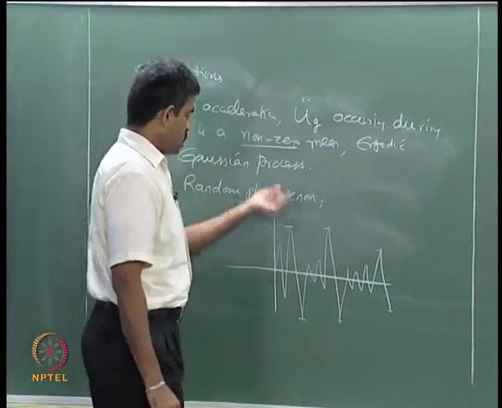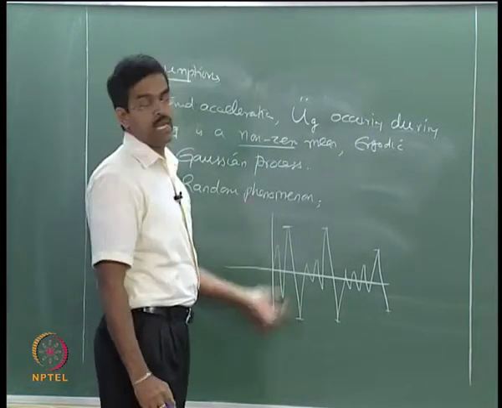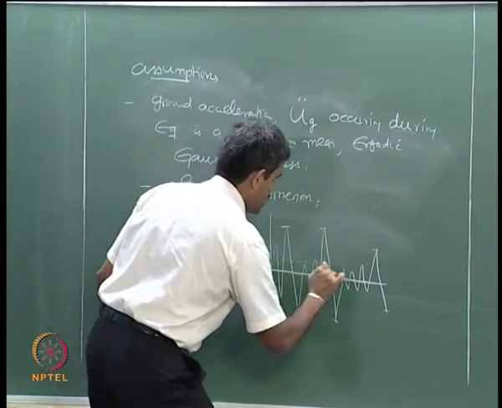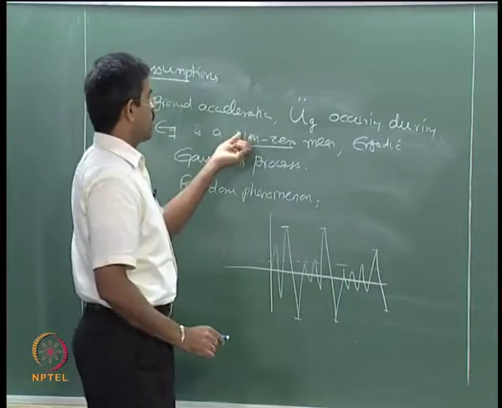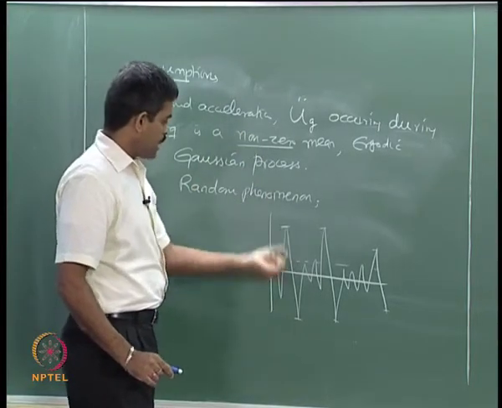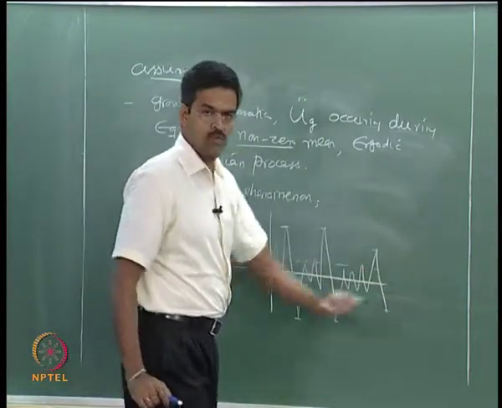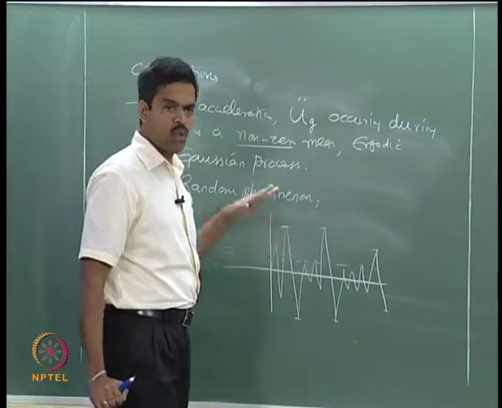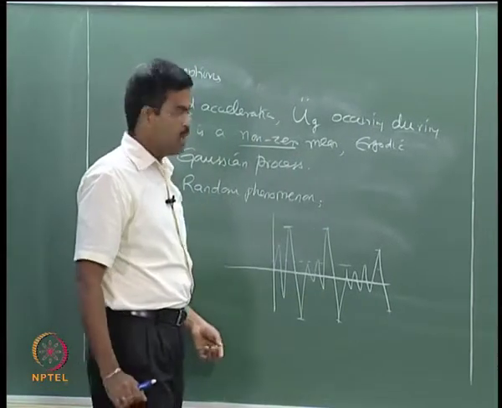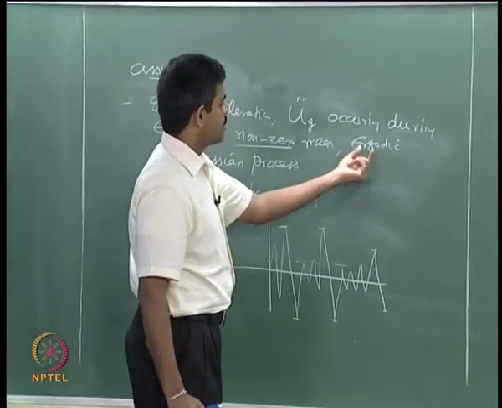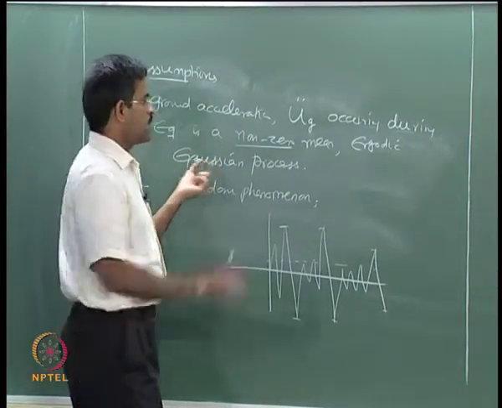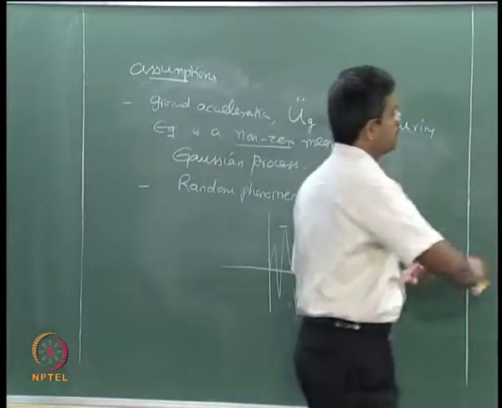But when the positive or the negative amplitude is higher and my mean does not come here but shifts either upward or downward, I call that a non-zero mean process. So, it means the positive and negative amplitude of the random time history of the force is not equal with respect to any mean. And of course in statistical terms the process is ergodic and we can apply a Gaussian rule to this. So, we say it is an ergodic Gaussian process.